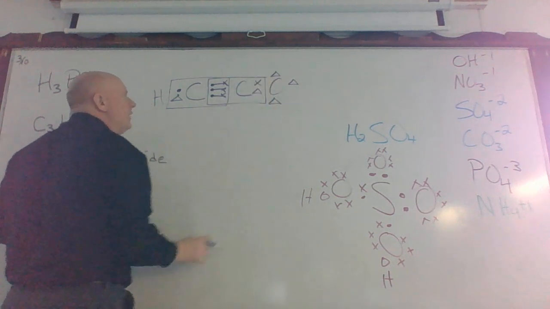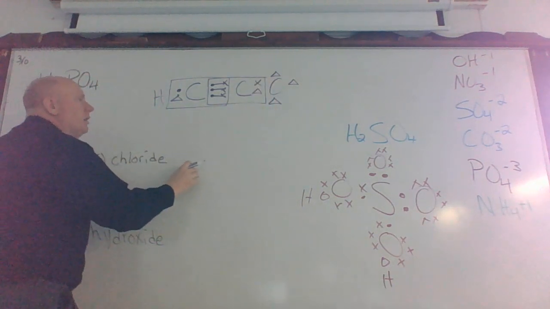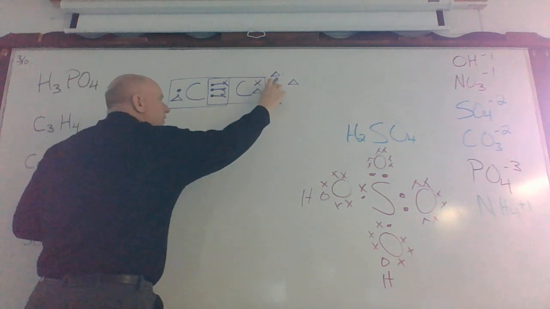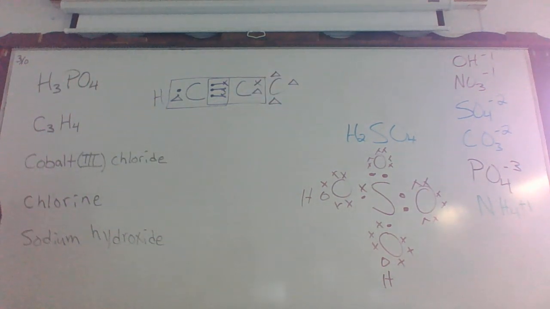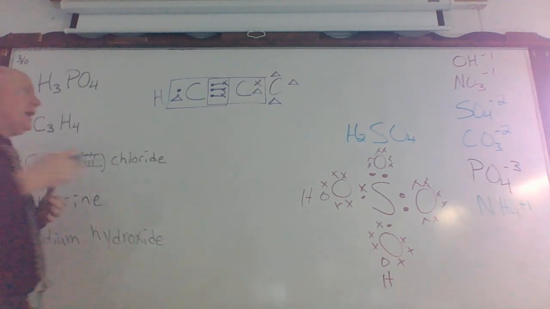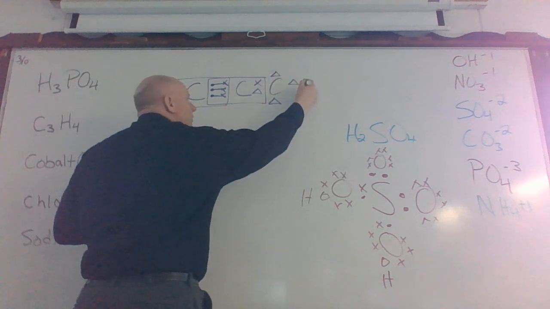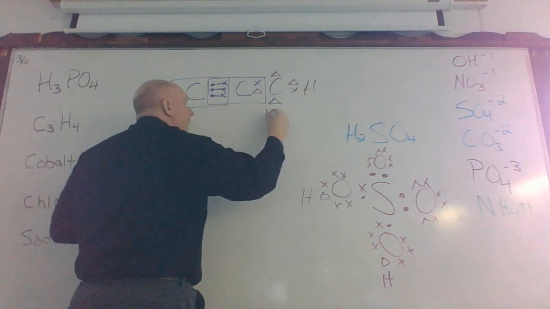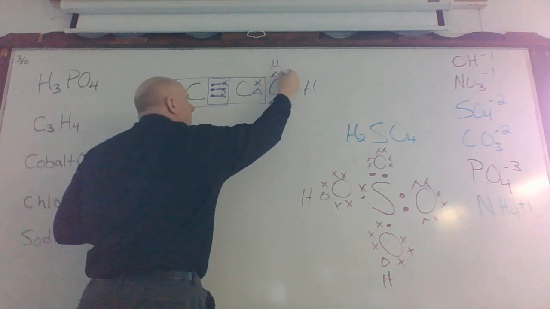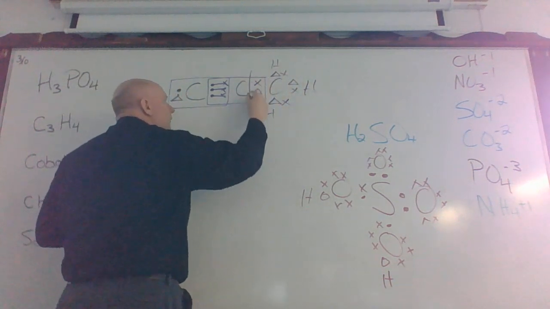I don't mean to be redundant when I say that. So, but this one is still short yet. It's got 2, 3, 4, 5. But how many more hydrogens do we have to deal with? 3. So anywhere where there's a triangle, what are you going to put? So how about this carbon atom now?